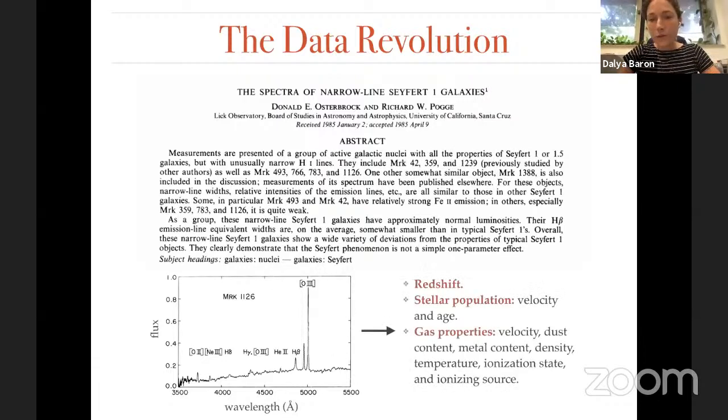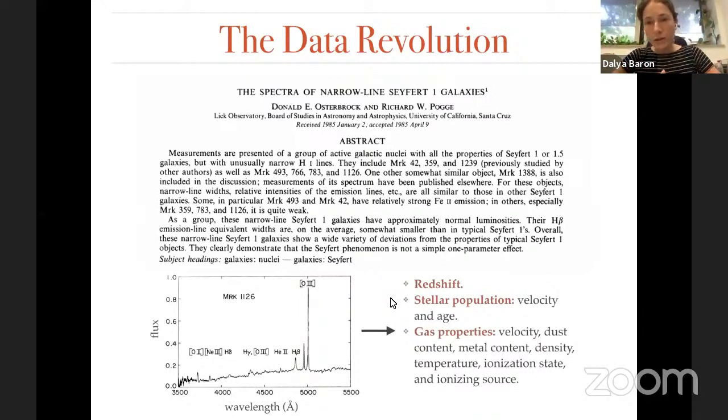And from these spectra, they can learn various properties of these galaxies. They can know the redshift of the galaxy. They can study the stellar population, so the age of the stars, the velocity field. They can also constrain gas properties, again, the velocities, the dust and metal content, densities, temperature, etc., etc.